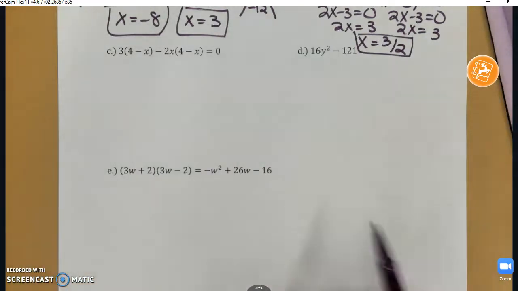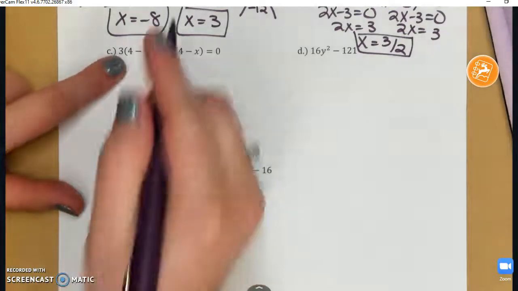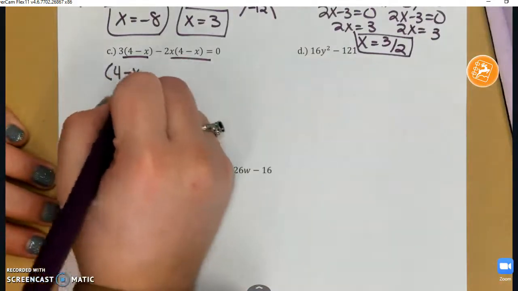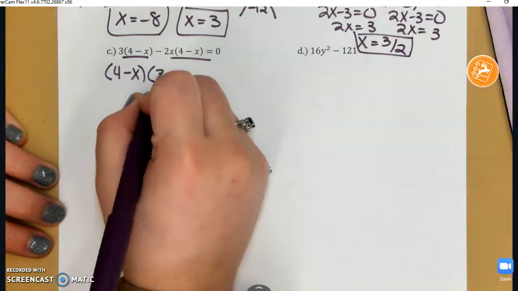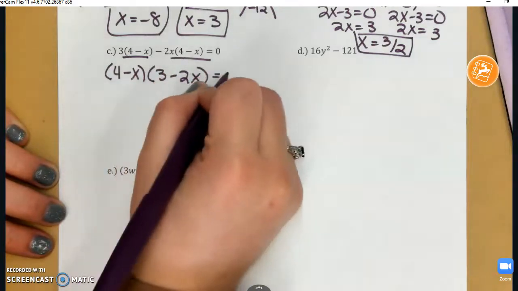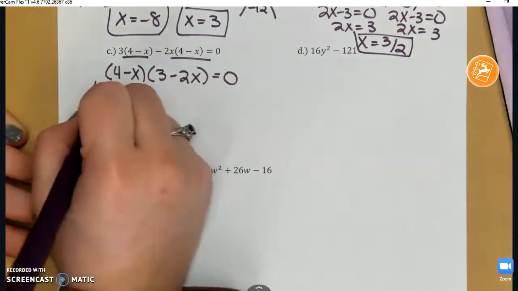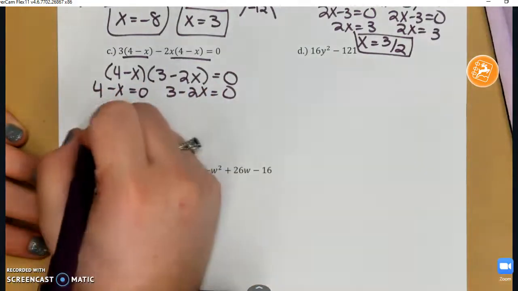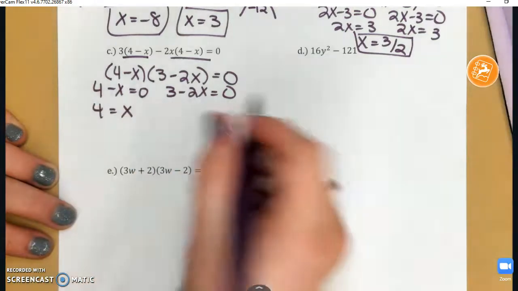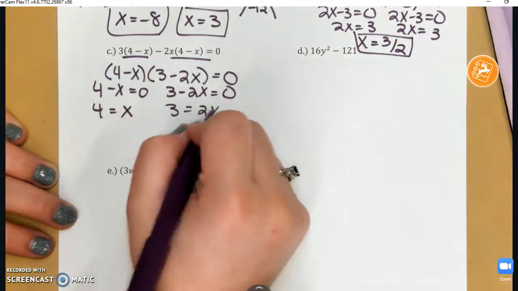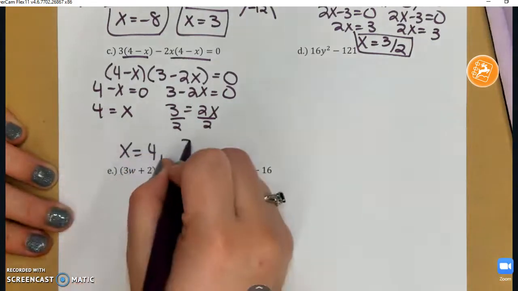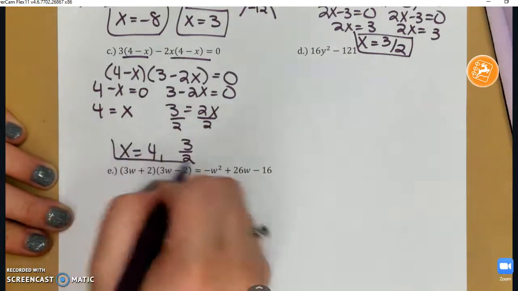This is like the second step, where someone has already grouped and taken out the GCF from each group, and now that I have 4 minus x and 4 minus x, I can just take that out, and my leftovers are 3 minus 2x, and now I can just set each parentheses equal to 0. So you can still get to the same solution by distributing and solving it that way, but this is going to be a much more straightforward way to get 4 and positive 3 over 2 for your two solutions.